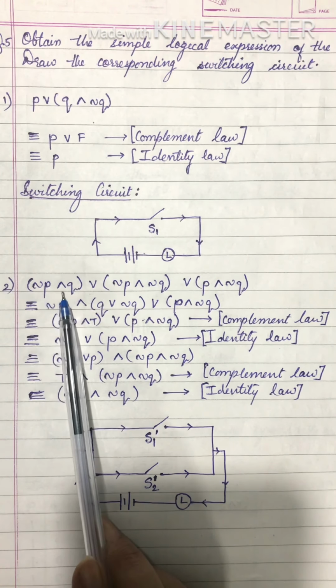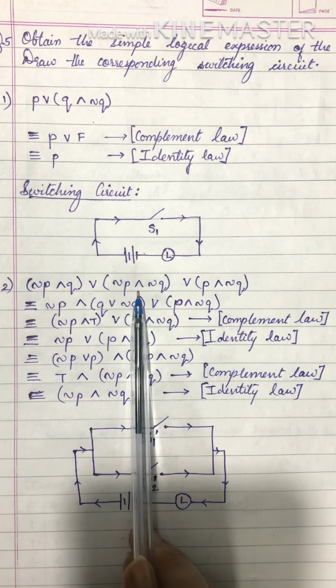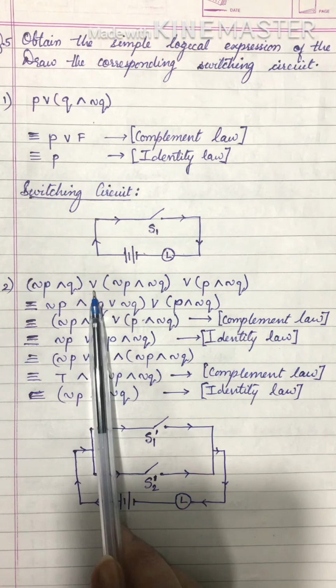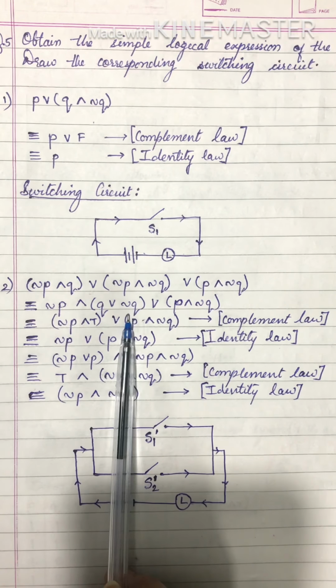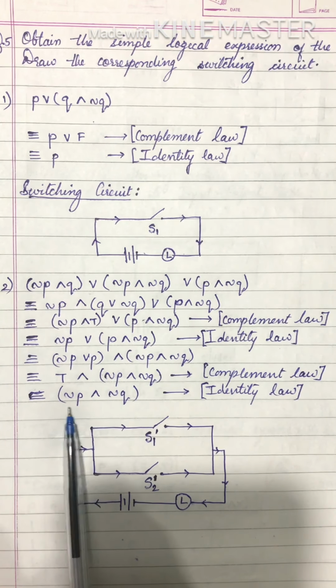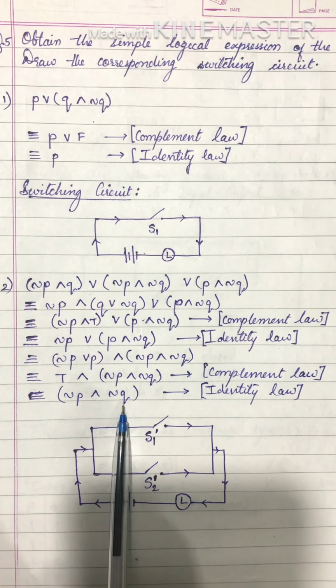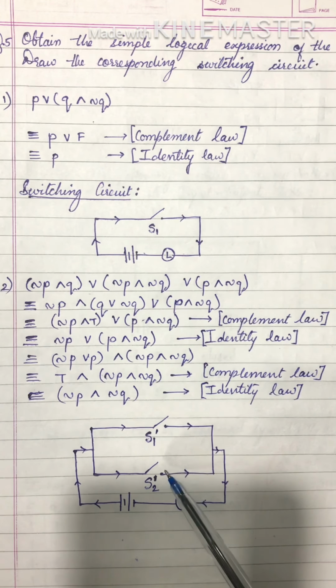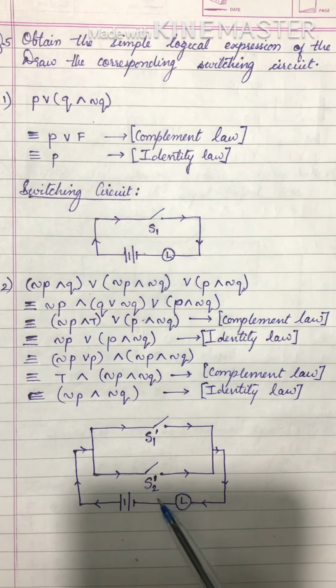See, from here negation P and from here negation P and. I've taken this common outside, and inside the bracket we get Q or negation Q. Okay, I hope this is understood. And then after simplification we reach this step, negation P and negation Q, and then the switching circuit can be expressed in this manner, with switch S1 dash and switch S2 dash connected in parallel.